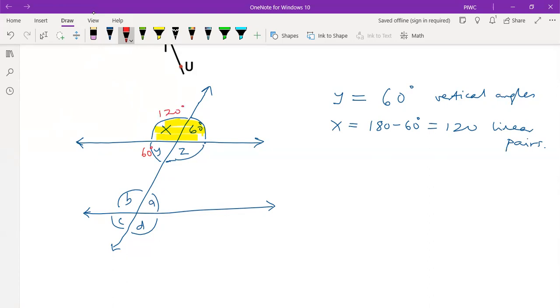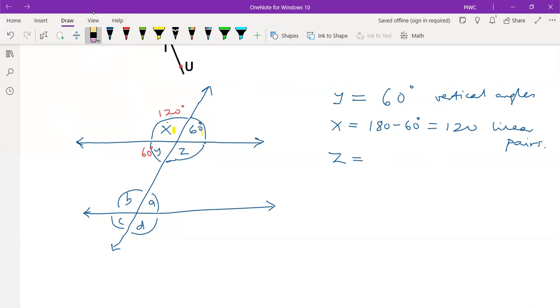So if X is 120 degrees, what will be Z? Take 30 seconds to tell me the answer. All right, so Z and X, you see that at the point of intersection, they are directly opposite to each other. So that means that X should be the same as Z. It's congruent to Z, directly opposite.